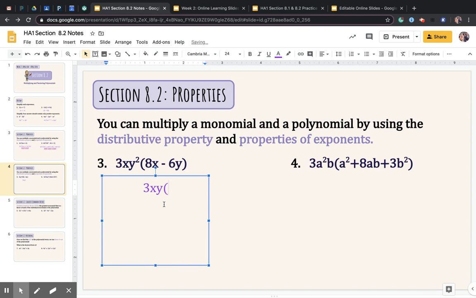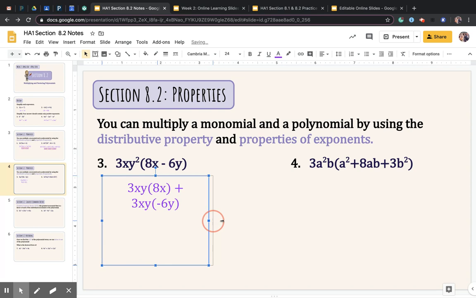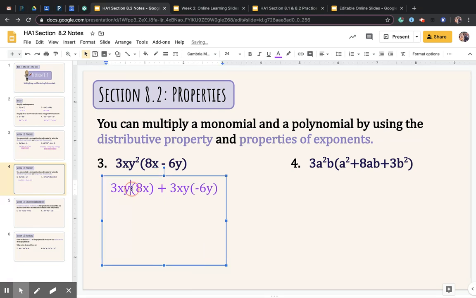So 3xy squared times 8x is going to be plus 3xy squared times a negative 6y. Okay, and I'm going to go in and add my exponent. So there we go.